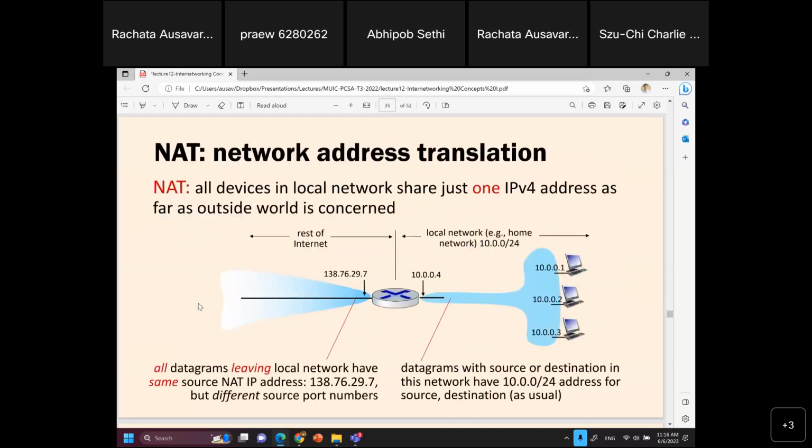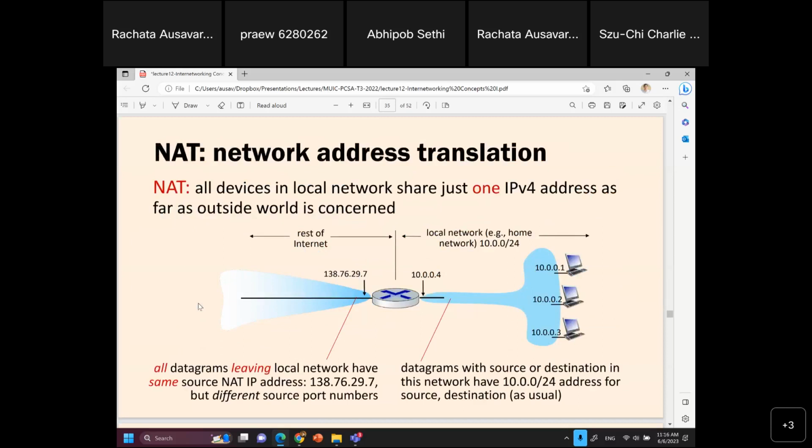Now, there's also the NAT. You might have seen this before. The acronym stands for Network Address Translation. With the acronym meaning, you probably can figure out that it has to do with translating the network address. Why?